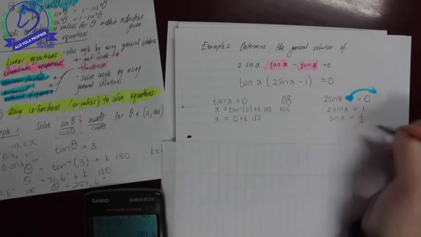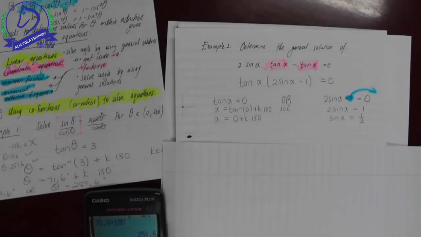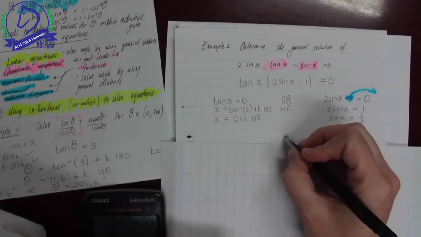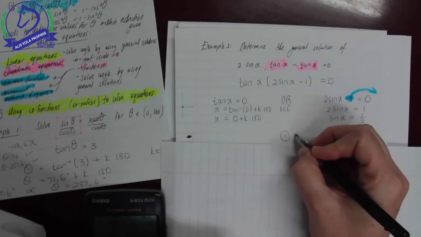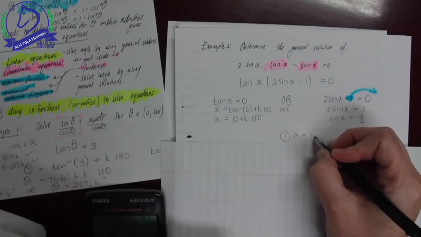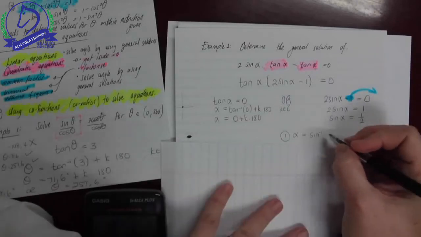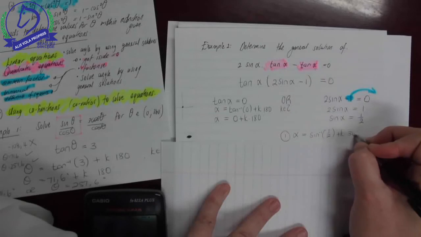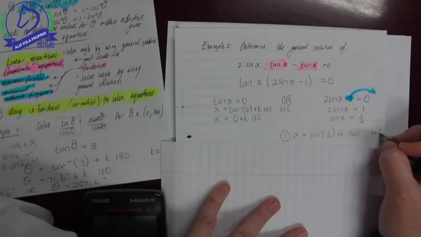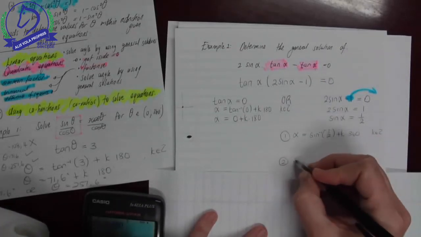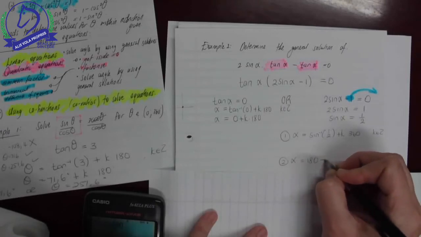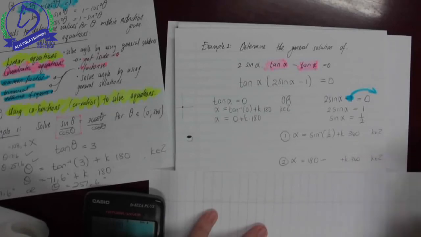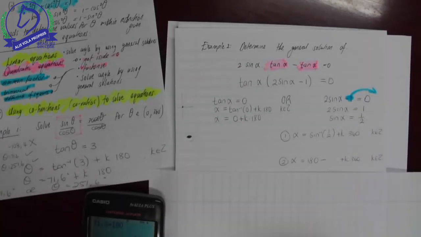What does that mean? That means writing the general solution for sine, I will need two options. I will have the reference angle, which is worked out by the shift of sine of a half plus k times 360, and k is part of integers, or I will have 180 minus the reference angle plus k times 360, and k is part of integers.